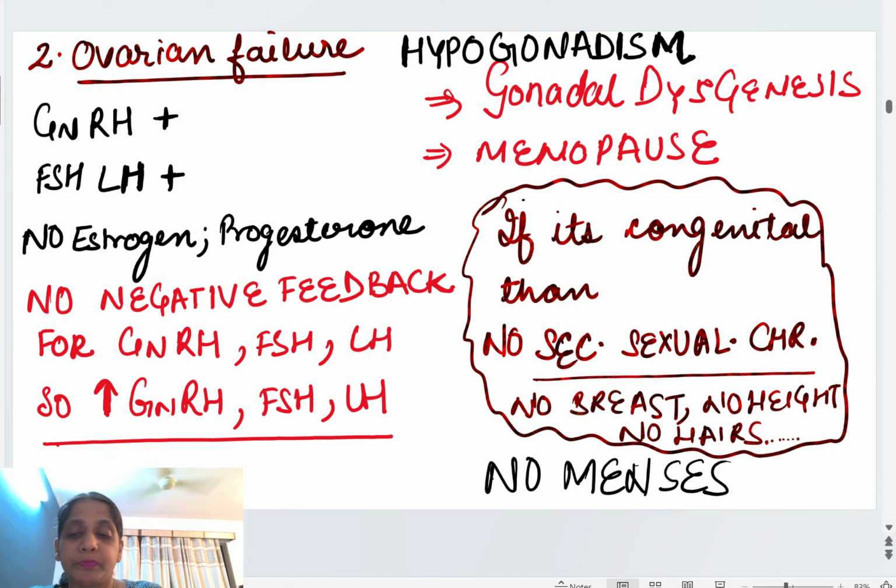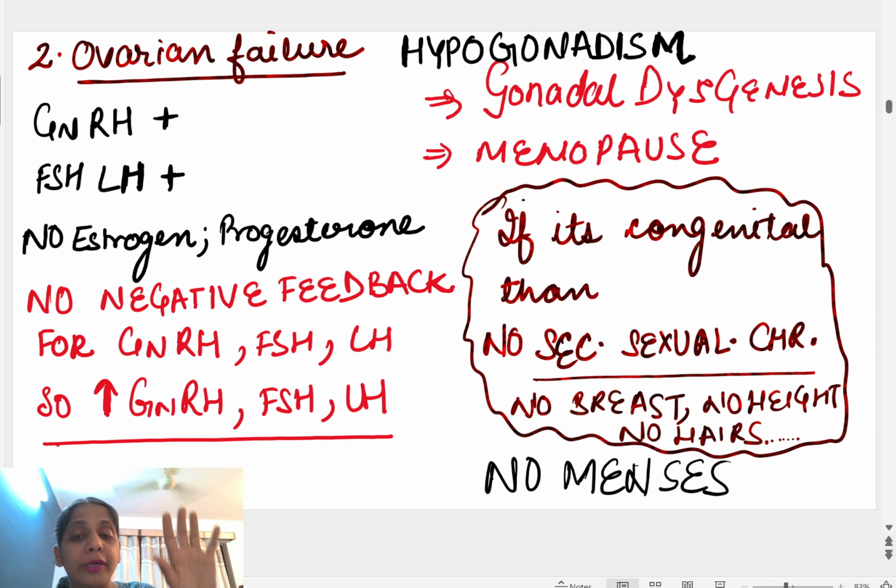Now you have learned about two causes of primary amenorrhea. Number one was Kallmann syndrome, where there was a hypothalamic failure and all the hormones were at low level, even the gonadotropins and the estrogen and progesterone.